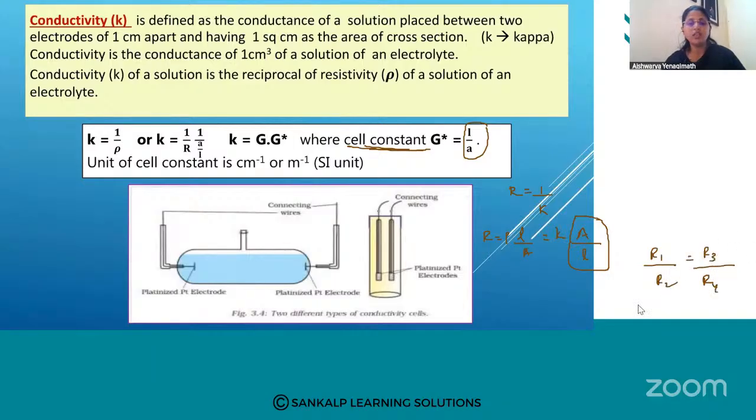This is the Wheatstone's equation. Once I know the resistance, conductivity is not a problem. So we have found the conductivity of ionic solutions.